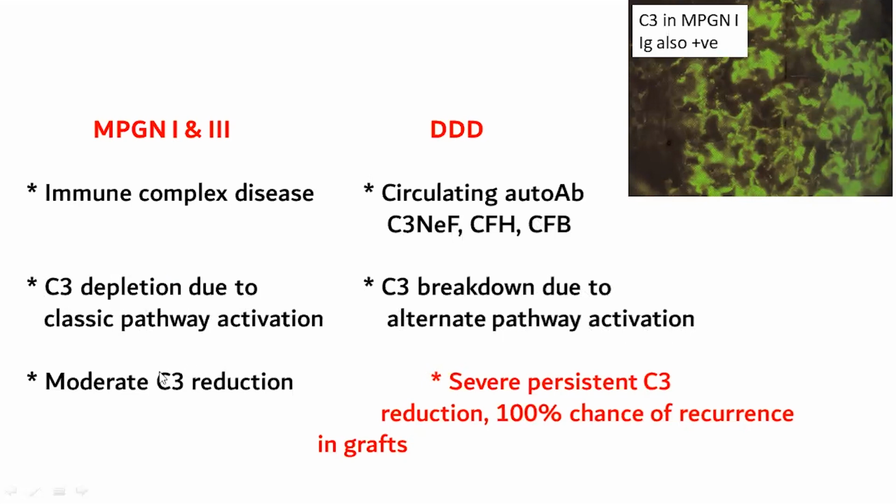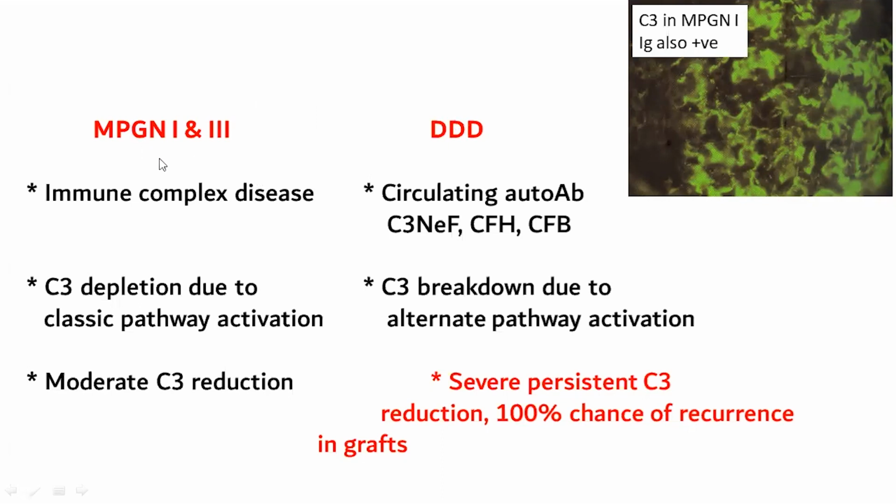So moderate C3 reduction is seen in MPGN 1 and 3, whereas severe persistent low C3, which fails to normalize, is a feature of dense deposit disease. Also, because it's a circulating factor, there is 100% chance of recurrence of dense deposit disease in the renal allograft. So these are some very important differences that we should be aware of.